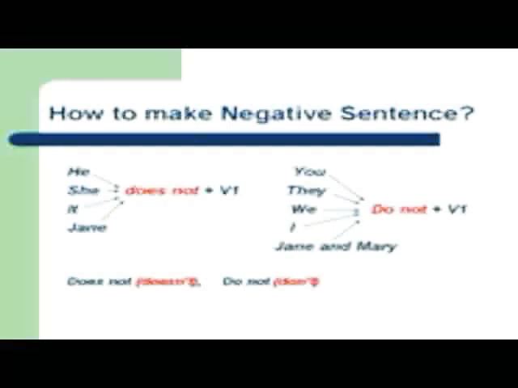We will omit s or es with the first form of verb. And while making negative sentences with the pronouns you, they, we, and I, we will use do not and the first form of verb. So while making negative sentences of present indefinite tense, we will use does not or do not. Clear?